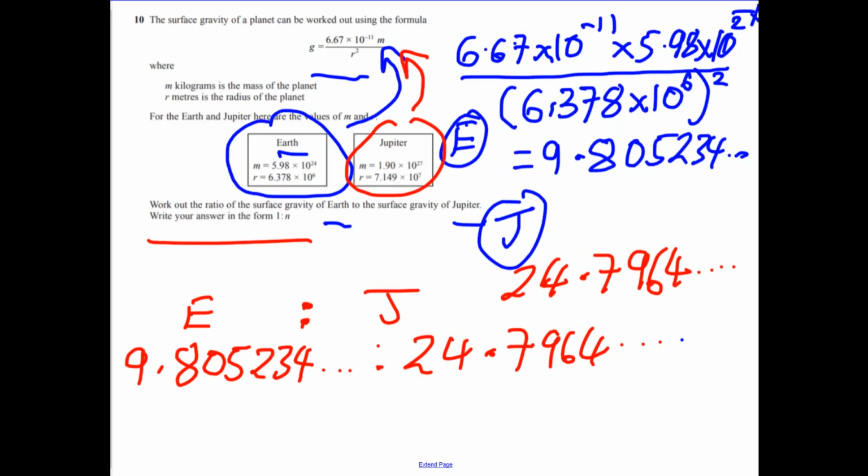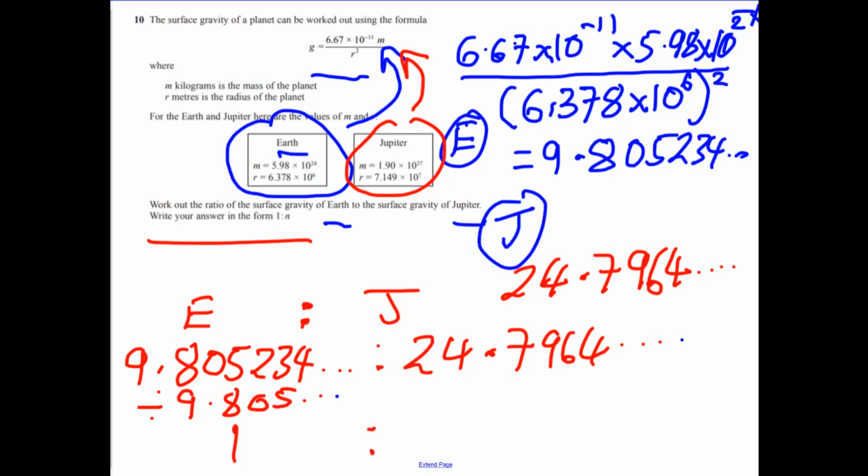Right, okay, how do we get it to a 1 just there? Well, if you divide this part of the ratio by 9.805 and obviously the rest of the number, you will get 1 quite clearly.